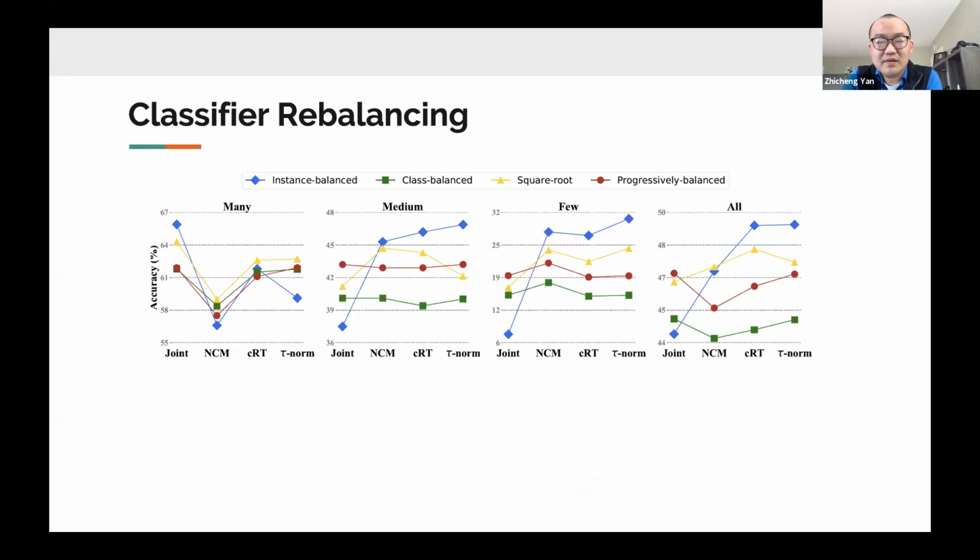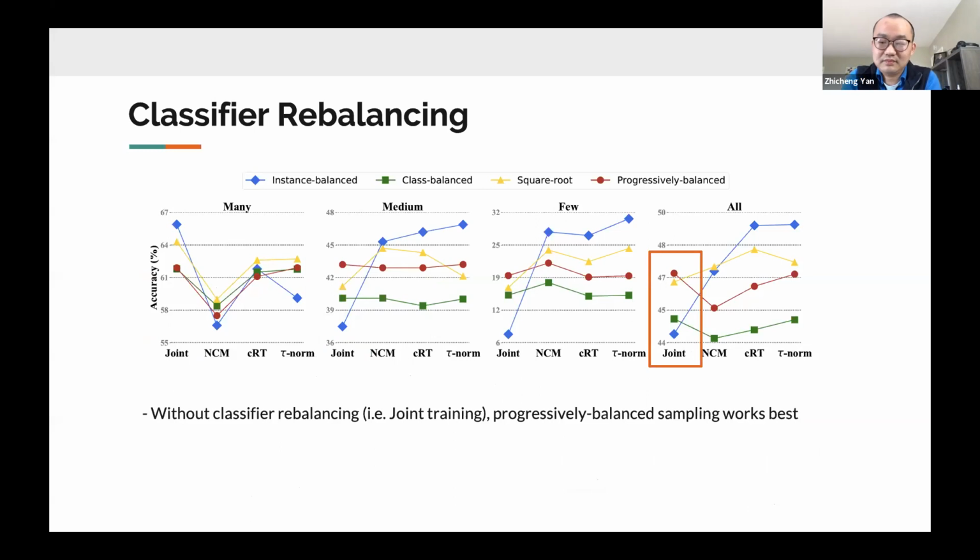We actually studied different combinations of data sampling and classifier rebalancing. If you focus on the baseline setup, where you only have one stage, using joint training of the backbone and the classifier, you can have different data sampling strategies.